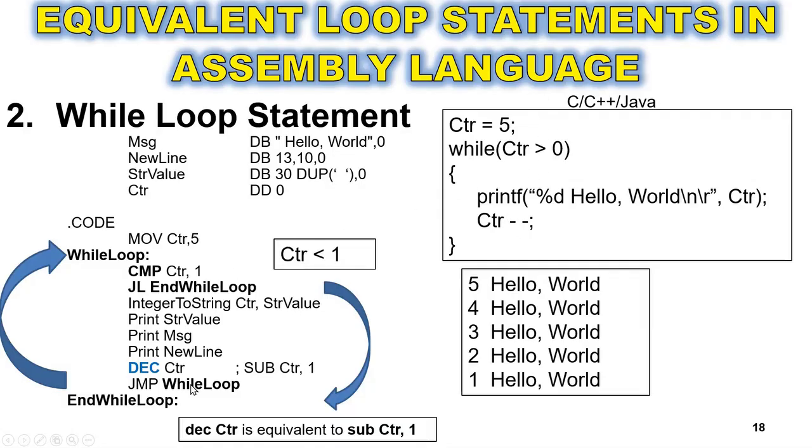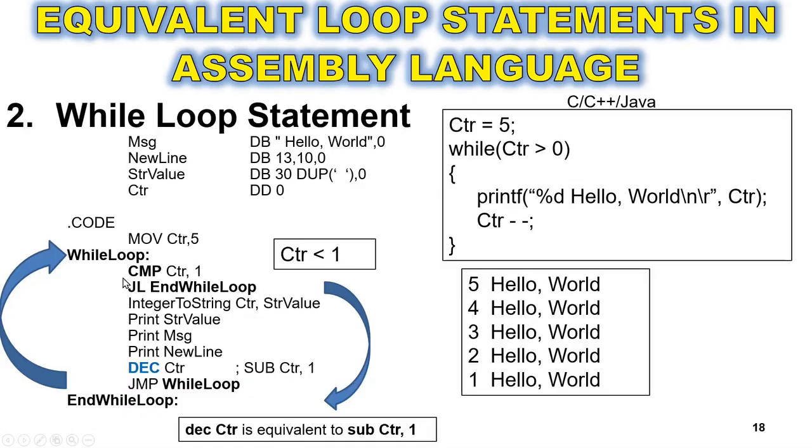So instead of incrementing the present value of CTR, we instead decrement or subtract a 1 value. So the first thing that we are going to do is to initialize the control or sentinel value with a value of 5. So CTR now contains a value of 5.